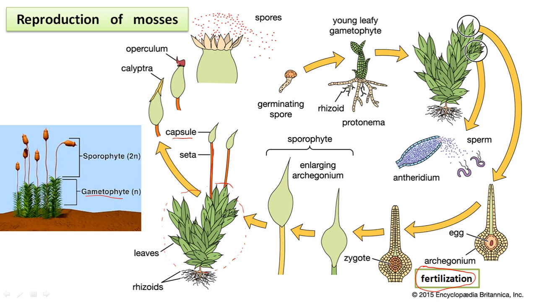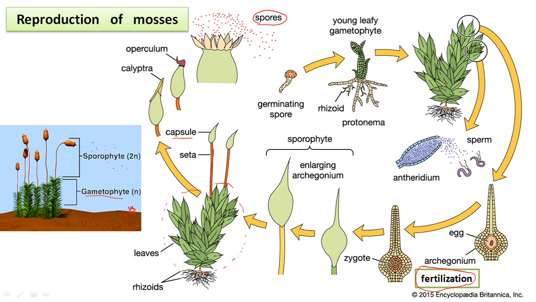Inside the capsule, the spores are produced, right? And when it's time, these spores are released to the environment and they can be spread by wind, for example, and when they reach a good area, they can produce a new tiny plant.